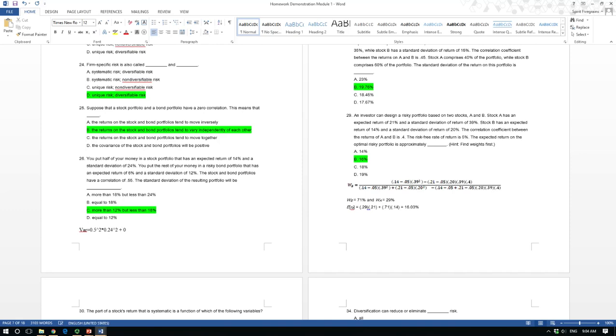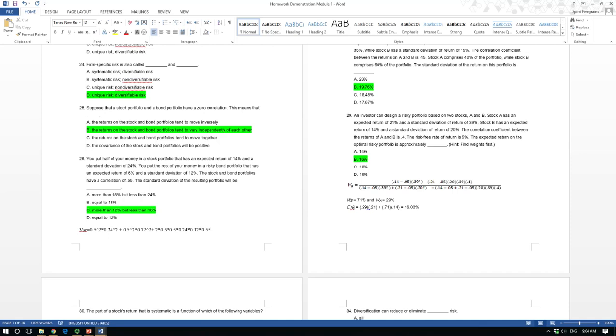Then plus the weight for the bonds, squared, times the standard deviation 12%, 0.12 squared. And then the third term: 2 times W1 W2, 0.5, sigma 1 0.24 and sigma 2, and the last one, rho, 0.55.